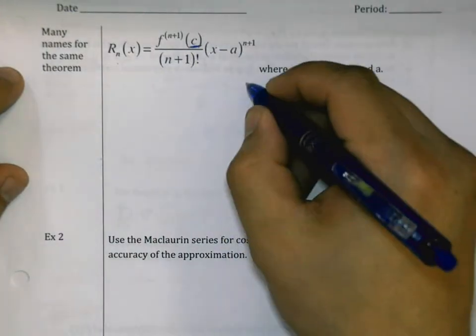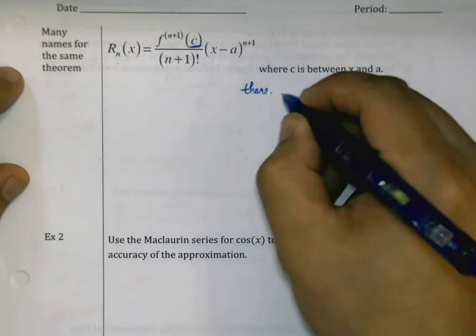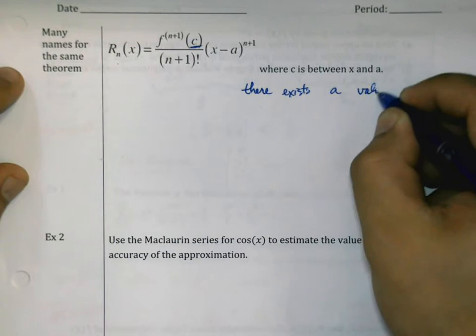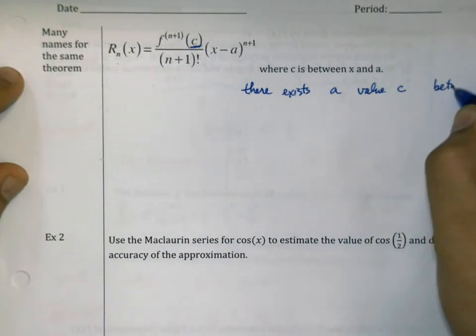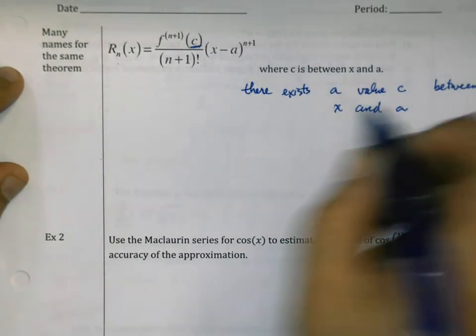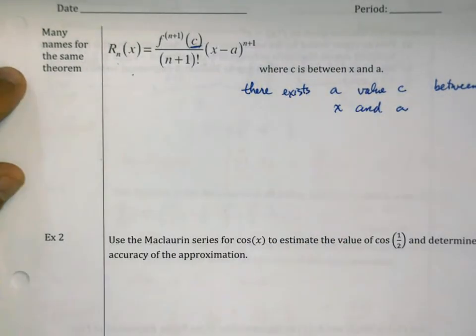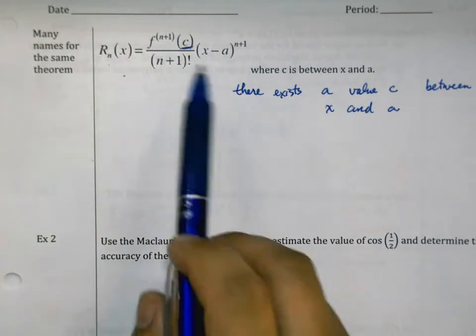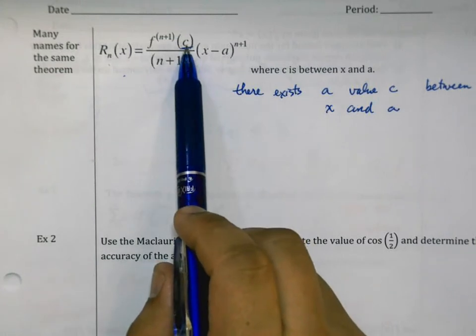So this is really saying that there exists a value c between x and a, such that this is true. And this is kind of an amazing thing that it says, that we could potentially find the exact error, or the exact remainder, of a Taylor polynomial approximation if we could find out what c actually is.